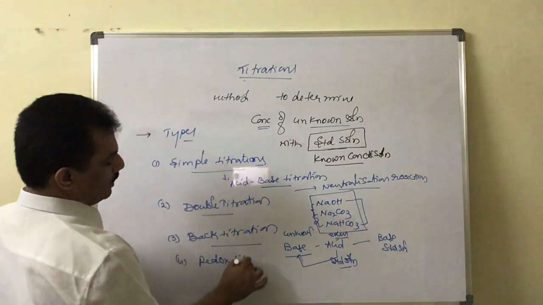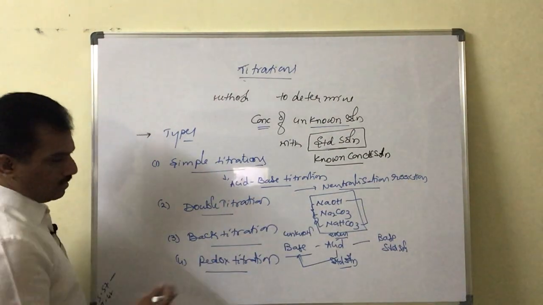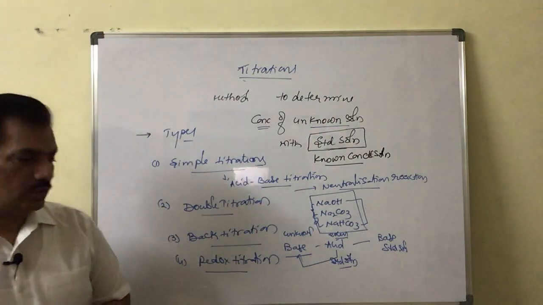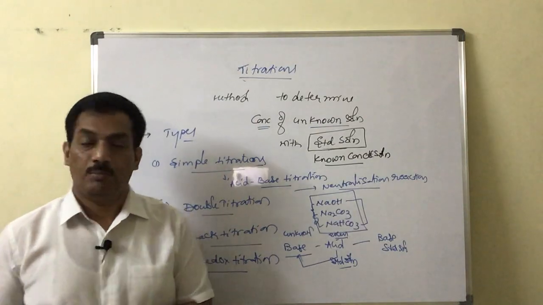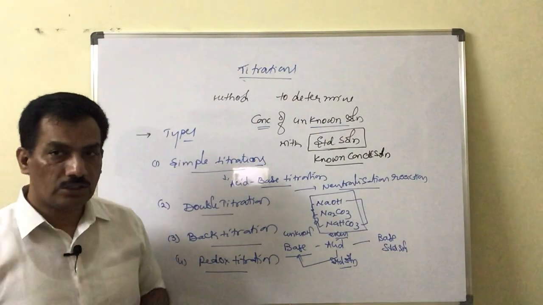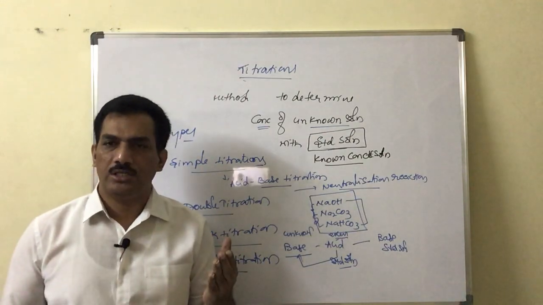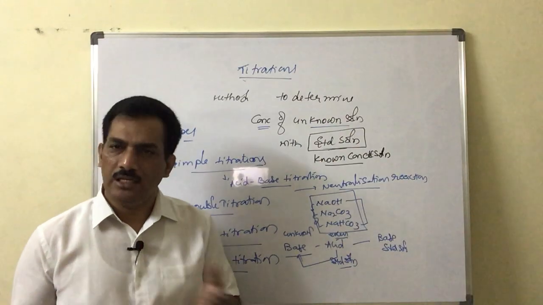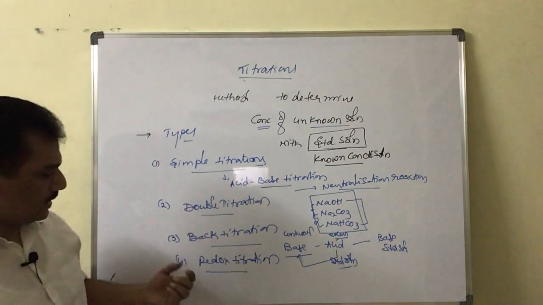Redox titrations are of different kinds. We need not go into all those different types, because it is beyond the scope of our exam, that is, NEET level. But this redox titration is one kind of simple titration, when only one oxidizing agent and one reducing agent are involved in that redox reaction, so it is a simple reaction and thereby a simple titration.